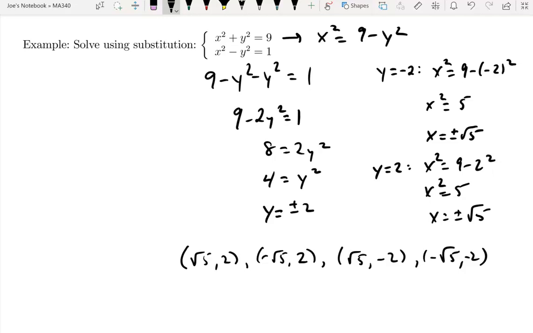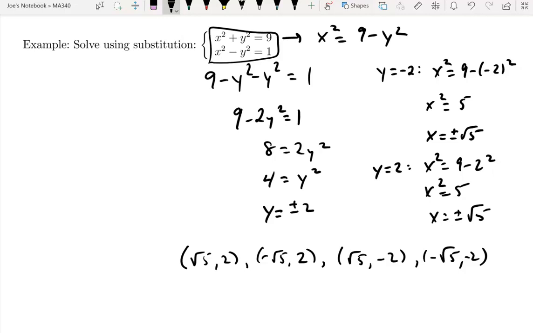Now, notice this problem specifically said do it by substitution. But looking at your system of equations here, do you think there would have been an easy way to get rid of one of the variables quickly using a different method? Yeah, we could eliminate the y squareds pretty quickly just by adding the two equations together, couldn't we?